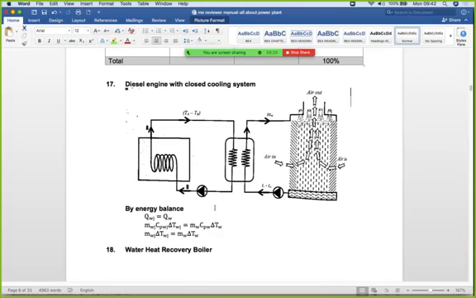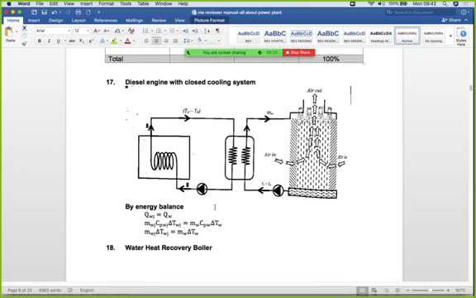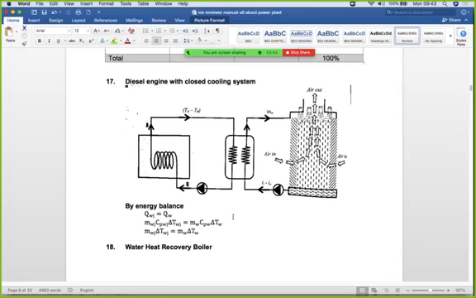Where is QWG? QWG is the water jacket. Mass of water times specific heat of water times delta T is equal to mass of water times specific heat of water times TW. So this part here is air, this part here is water, and water will also come here.